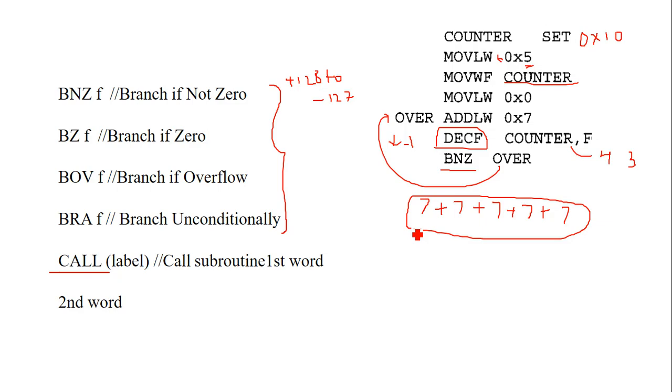It adds 7 up to counter 5 and stores the result in the WREG register. If the counter value goes to 0, then it moves out of the routine and goes to the end instruction.